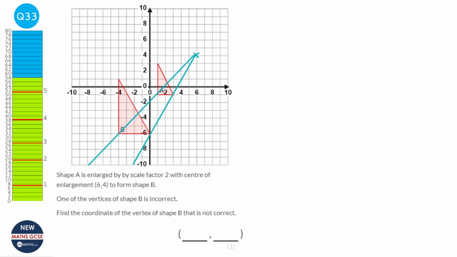Yeah, it does on this one, but it does not on this one. So it says find the coordinate of the vertex of shape B that is not correct. The coordinate is this one here, and so that would be -4, 1.